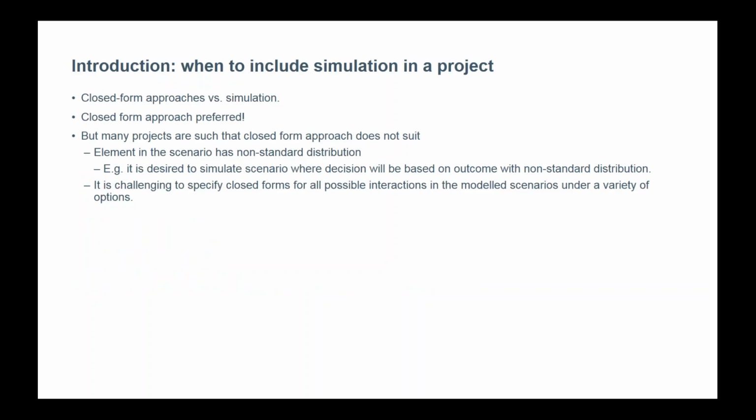Briefly, some points about the introduction. We cover when to include simulation in a project, look at closed form approaches versus simulation, and we note that a closed form approach should be preferred if it can do the job, but we acknowledge that many projects are such that closed form approaches do not suit.